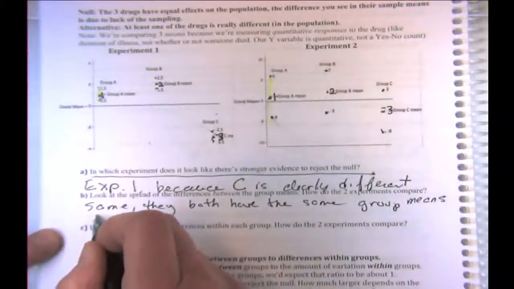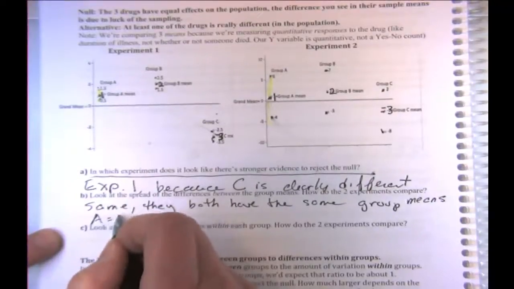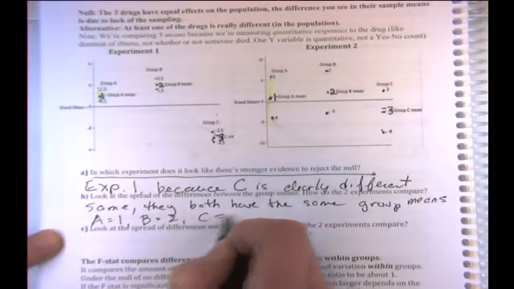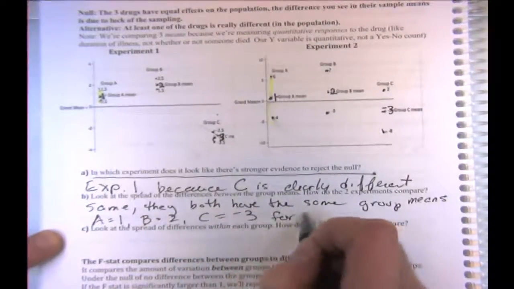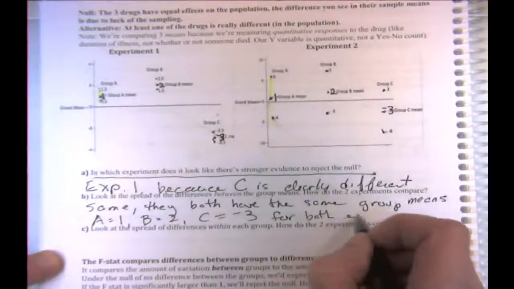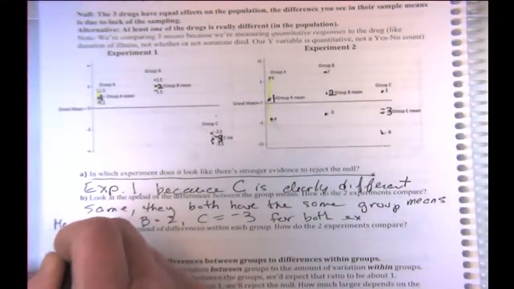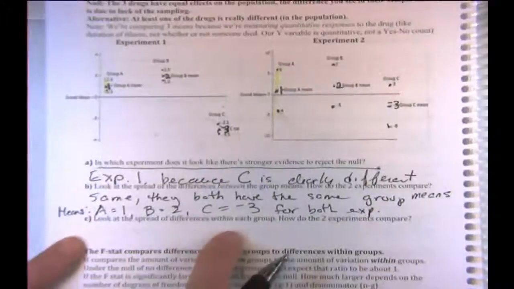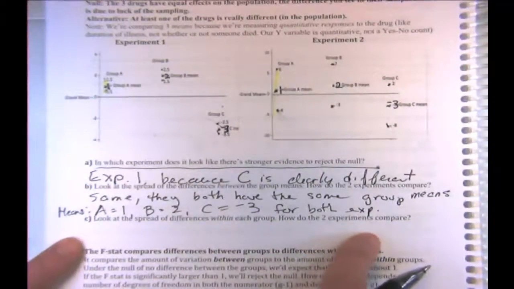A is equal to 1, B is equal to 2, and C is equal to -3 for both experiments. Those are our means. Okay, now look at the spread of the differences within the groups. How do they compare? That's just what we were talking about.